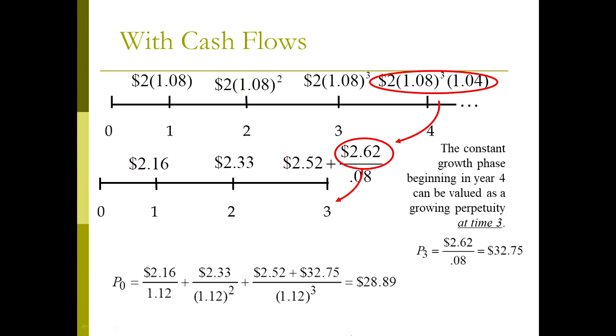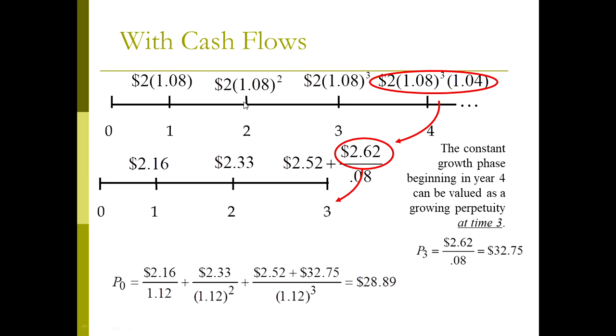Okay, so all we need to do is to draw the timeline. You just received $2 dividends. So 2 is right here at time 0. But since you already received the cash flow, it doesn't count in our calculation. In the first period, the $2 dividend will grow at 8%.